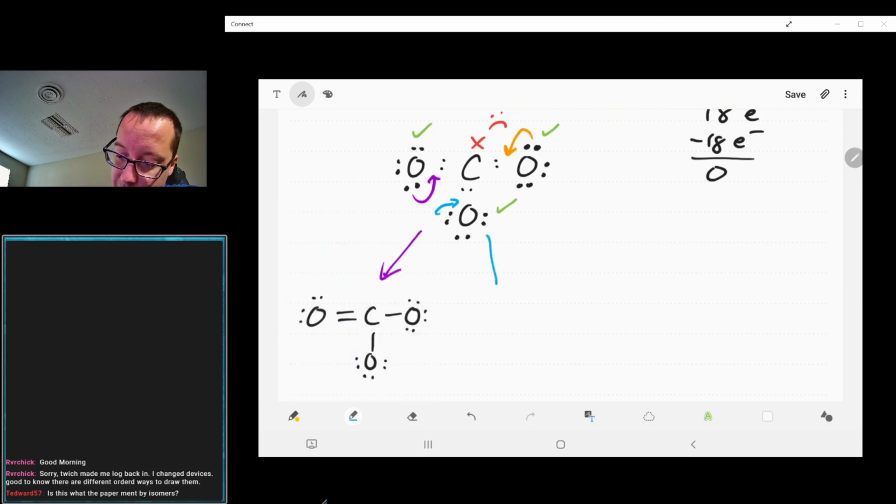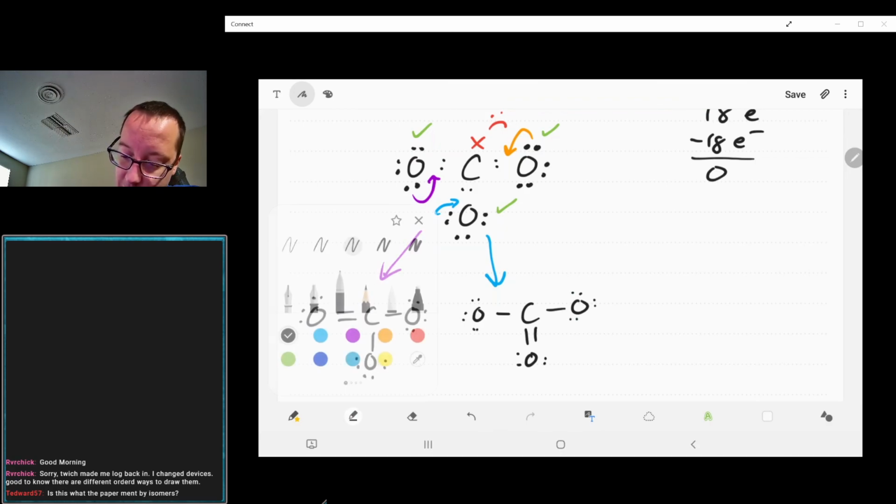If we went the blue route, we would end up with this, and if we went the orange route, we would end up with our double bond on the right side instead.